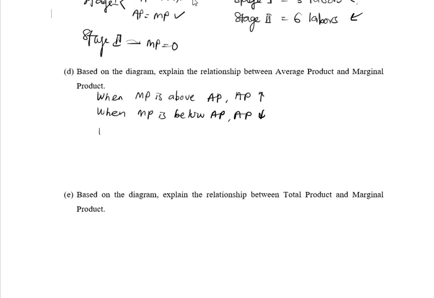And when MP is equal to AP, AP is at maximum. You put it in full sentences, okay? I put it in short form. Alright, so that is the relationship between average product and marginal product that you can observe from the graph.